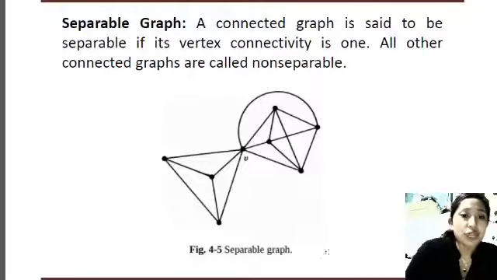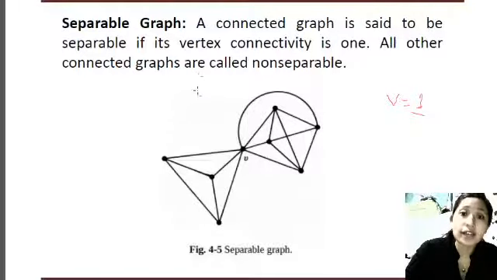When can we say that a graph is separable? When we have a cut vertex in that graph. A cut vertex is a vertex whose vertex connectivity is 1; the vertex contributing to this vertex connectivity of 1 is called the cut vertex.